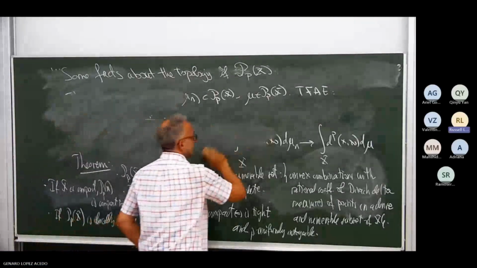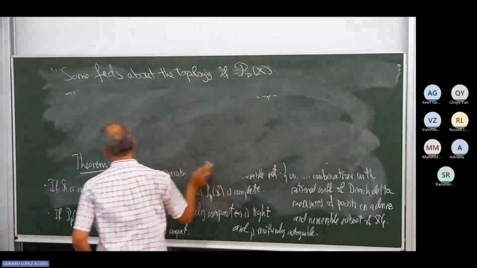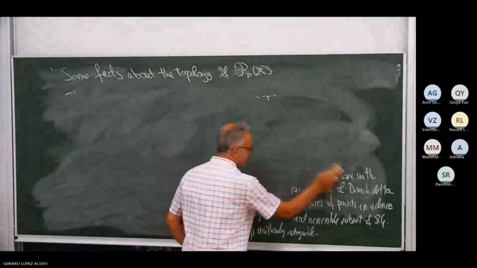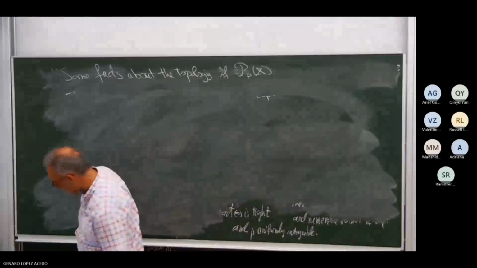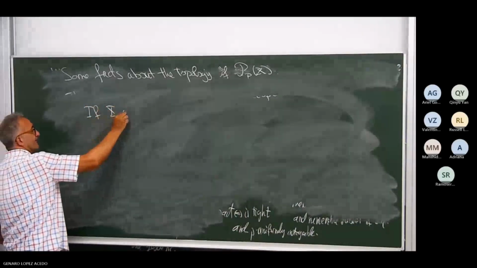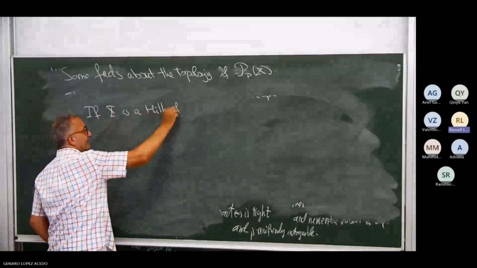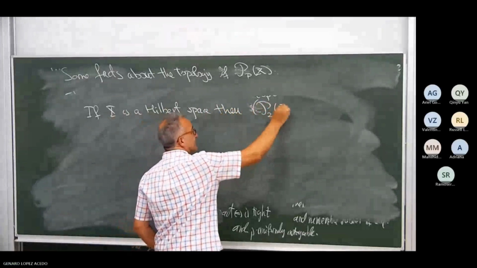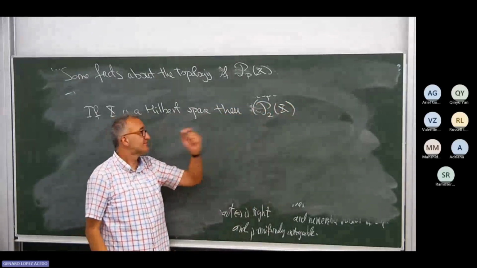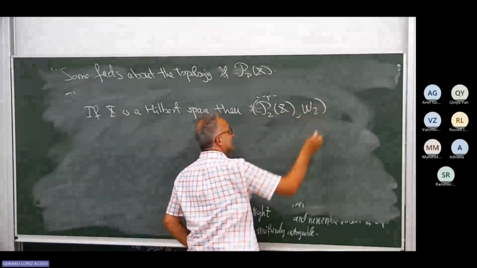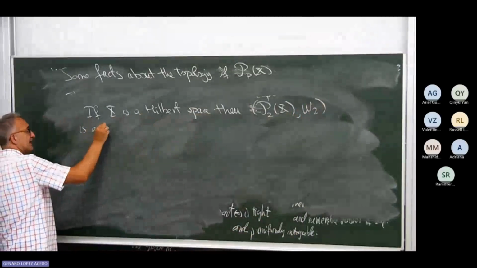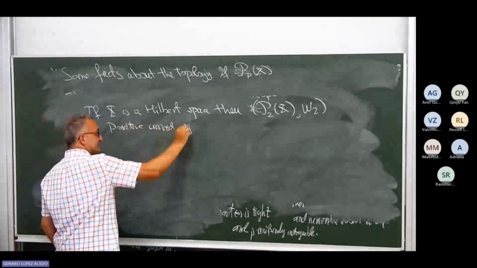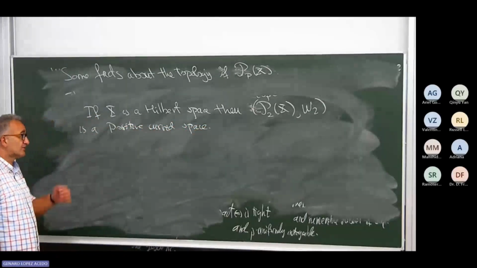If X is a compact space, then P2, if we consider the parameter d equal to 2, with the corresponding distance, is a positive curvature space. What does it mean to be a positive curvature space?